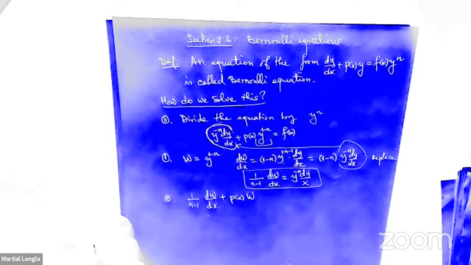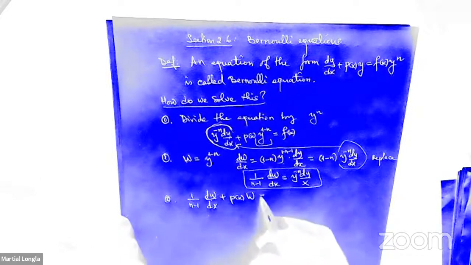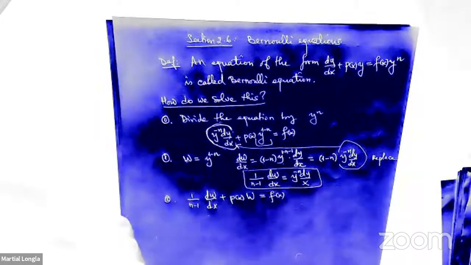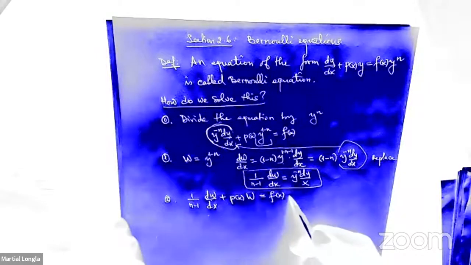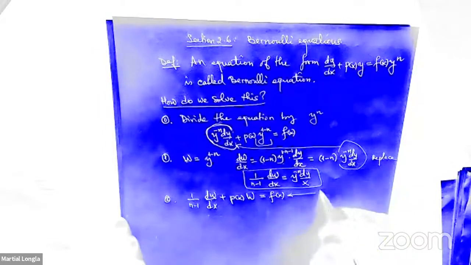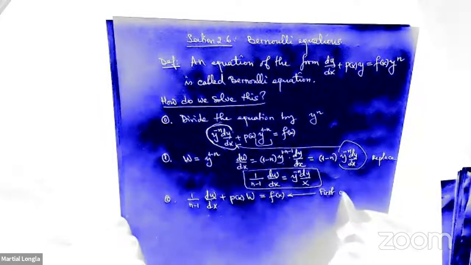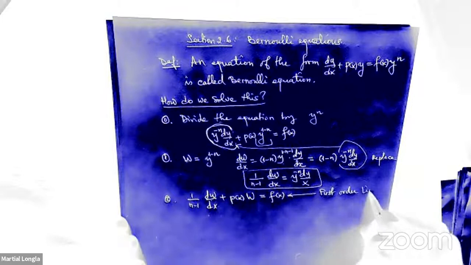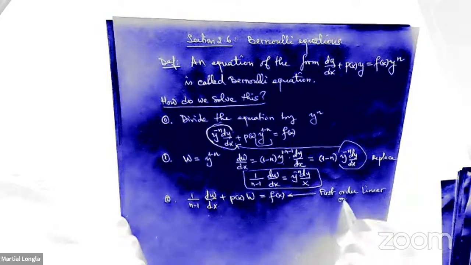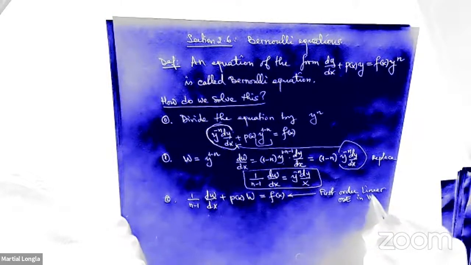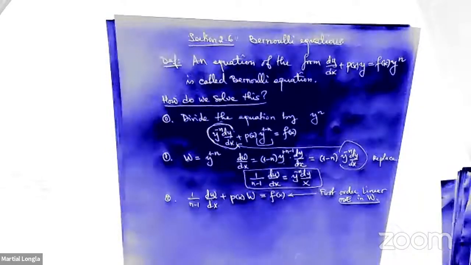We decided to make it w equals f of x. And guess what? You can recognize here that this is a first order linear ODE in w, right? Do you agree with that?